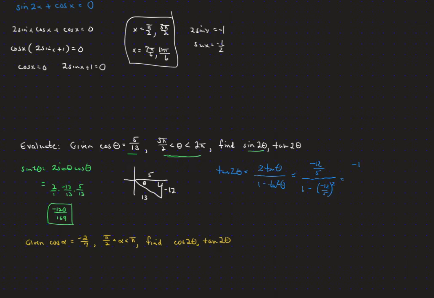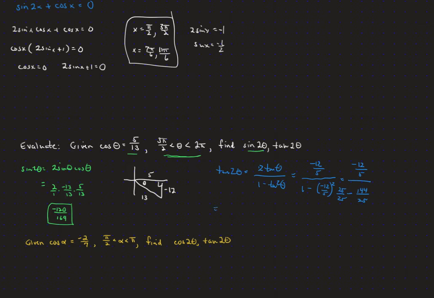We've got a 1 minus, that's going to be 144 over 25. So the 1 we're going to make into 25/25, so we have a common denominator.